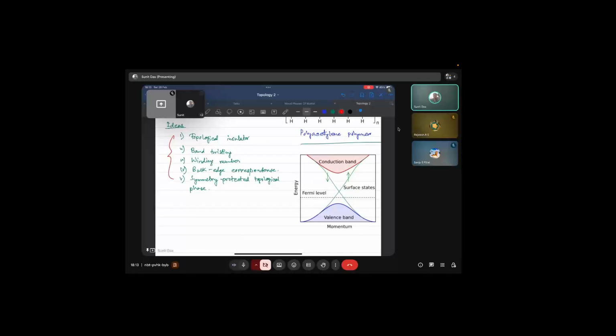We'll see what a topological insulator is, what the role of band twisting is, and what band twisting is. And then there is a topological index called the winding number. We'll also talk about bulk-edge correspondence, and symmetry protected topological phases. Let's see how it goes, I mean, how much I can cover.